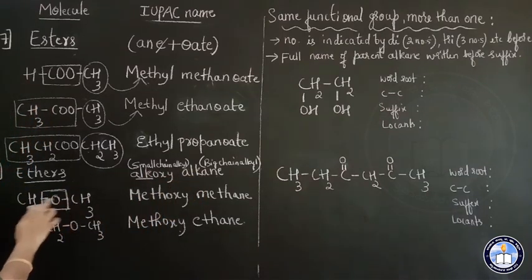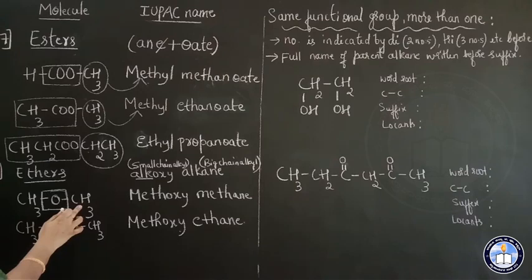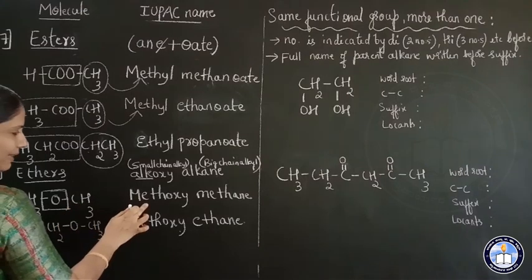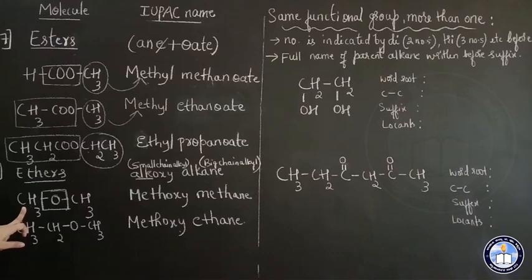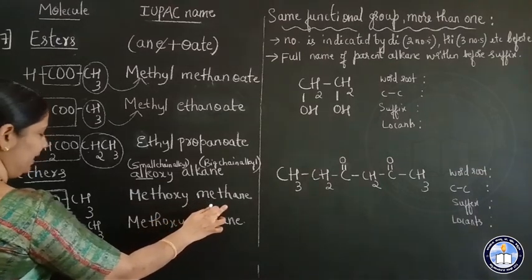See here, in this case, besides the oxygen atom, only one carbon atom. So you can name it in any way. So CH3 means word root is meth. So methoxy. And one carbon atom means that the alkane will be methane.